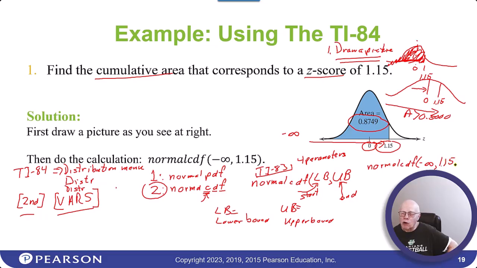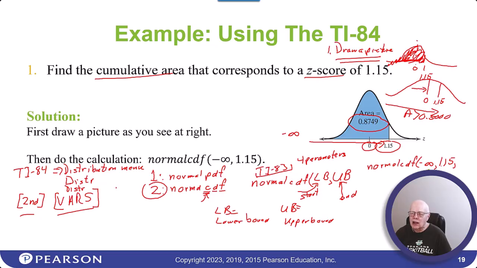Now I said there were 4 parameters, and I've only put 2 in. There are 2 more because remember I said there are many, many, many normal distributions. If it's not the standard normal distribution, we have to tell it what the mean and standard deviation is for our normal curve.